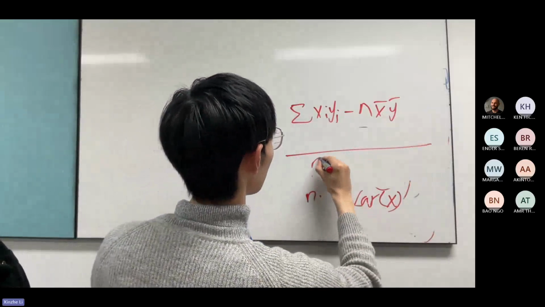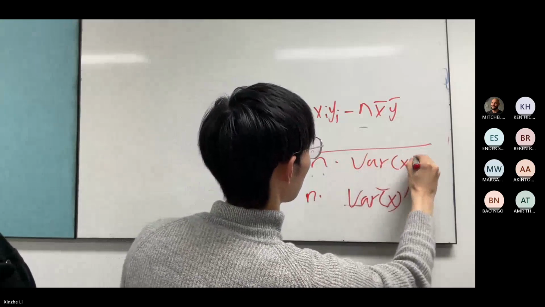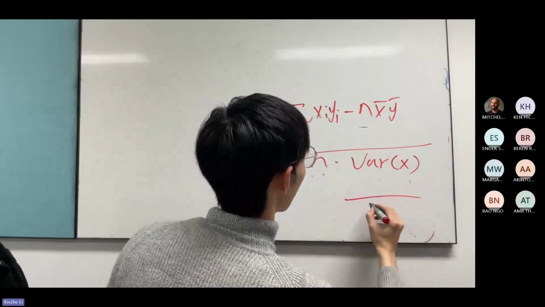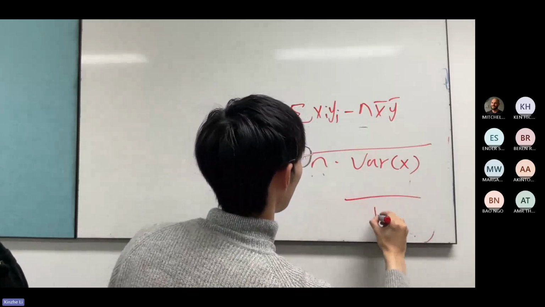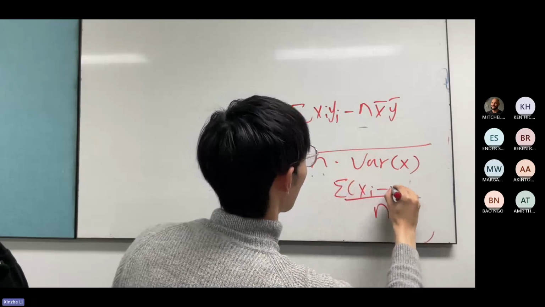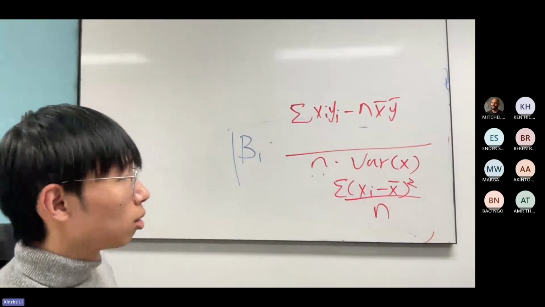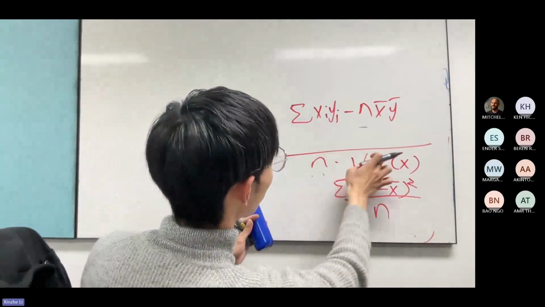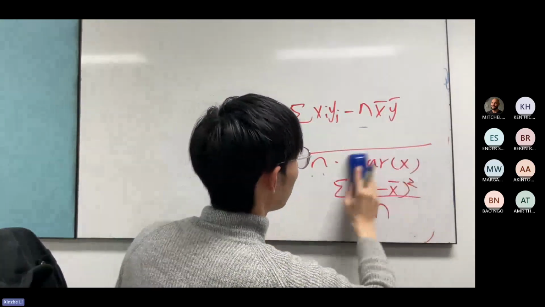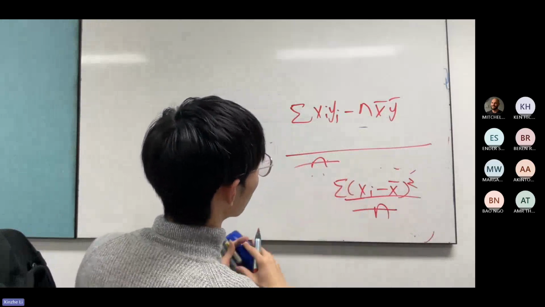I think everyone remembers the variance. Variance is 1 over n times the summation of xi minus x bar square, right? So this is variance. Let me use this variance to replace this one. I have n here, so I remove the n.